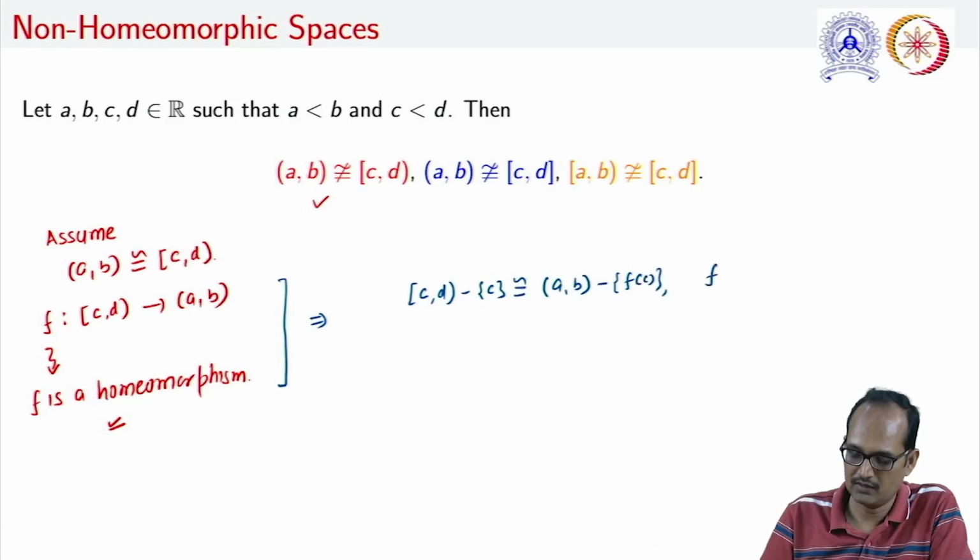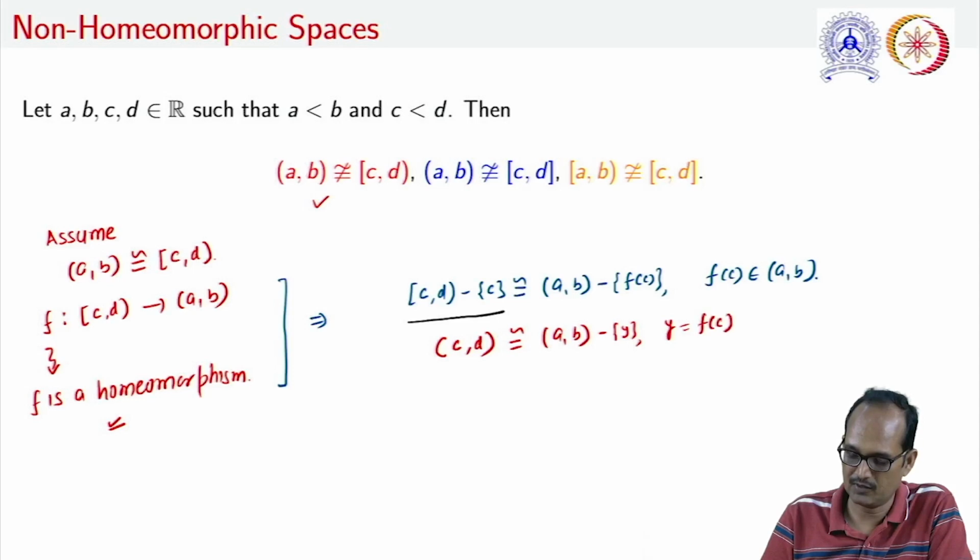Note that f(c) will lie in this open interval (a, b). Now, this semi-open interval minus the singleton set {c} is precisely the open interval (c, d), and this is the open interval (a, b) minus some y, and this y is nothing but f(c).